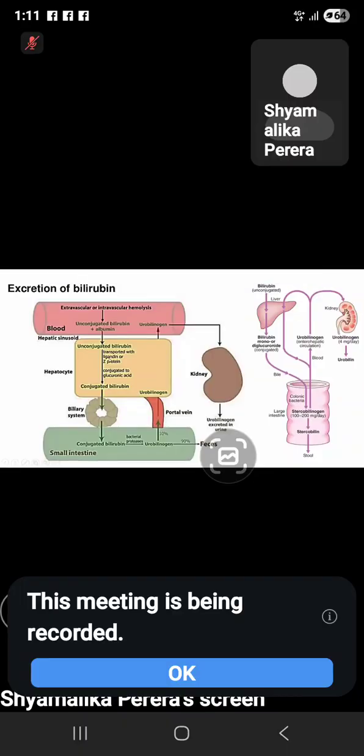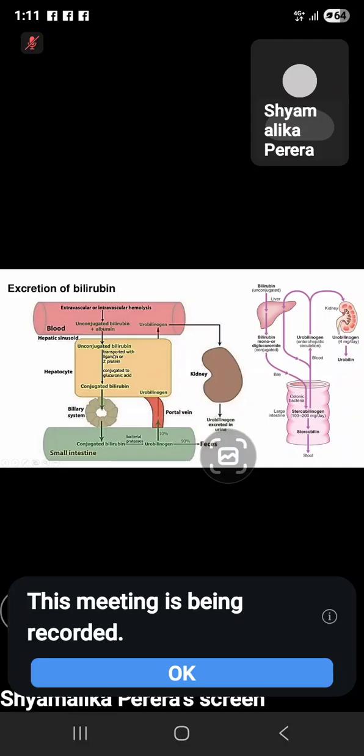this unconjugated bilirubin goes through several steps of reaction to become conjugated bilirubin. The conjugated form is water soluble, so it can travel through water. Without conjugating it, we can't remove it from our body.